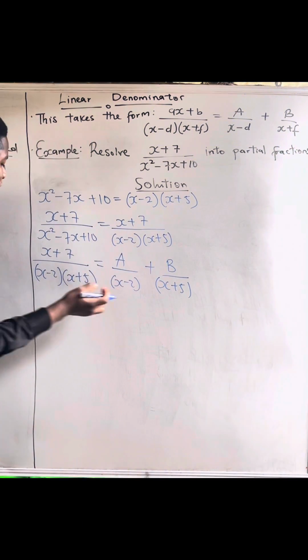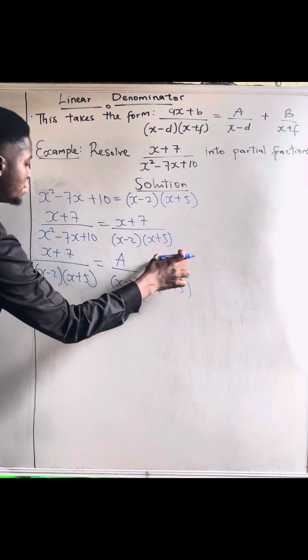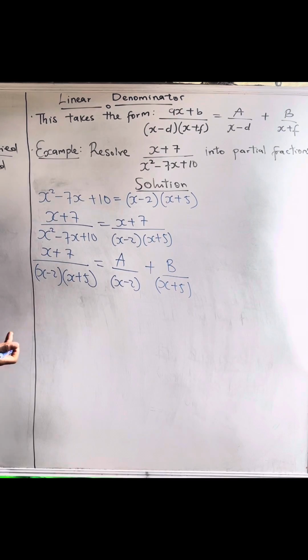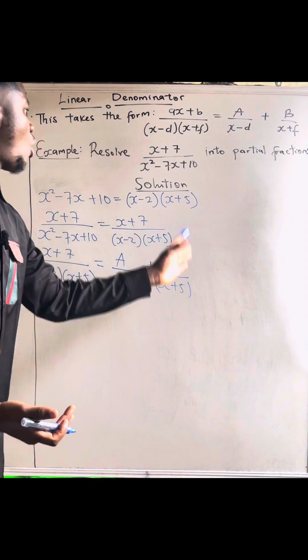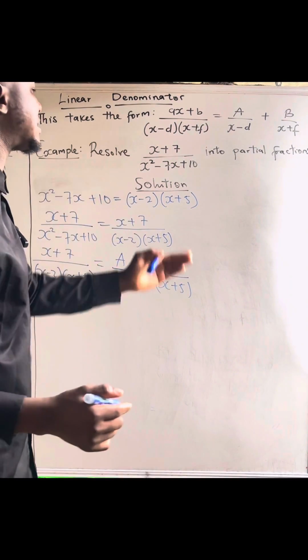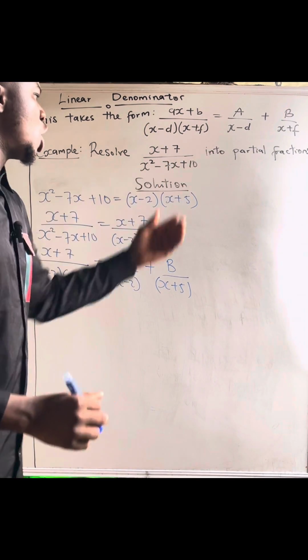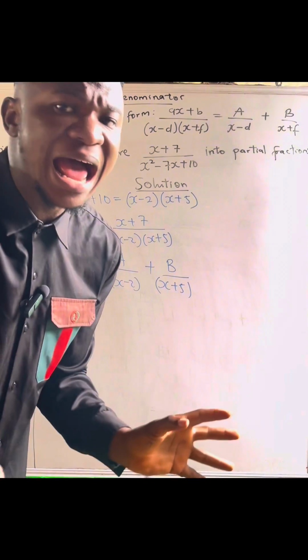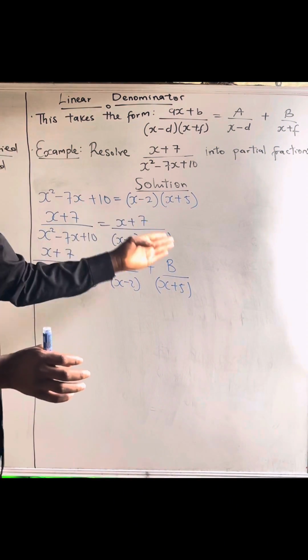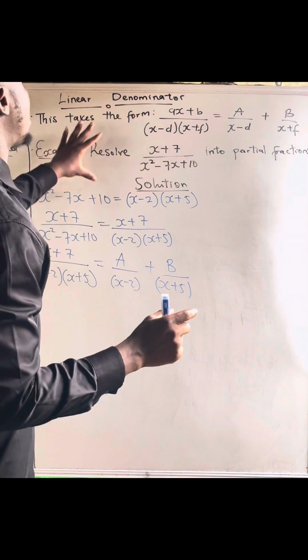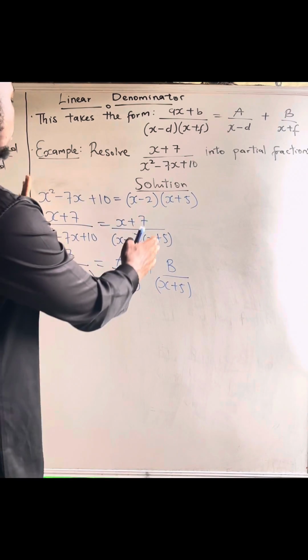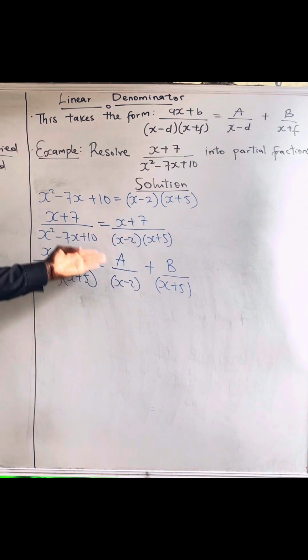So it will be a over the first factor plus b over the second factor. This is the form of re-expressing this type of equation. Whenever you have a denominator like this, which you can easily factorize to get factors like this, then those types of partial fraction questions can be solved using this method. So let's continue with the solution here.